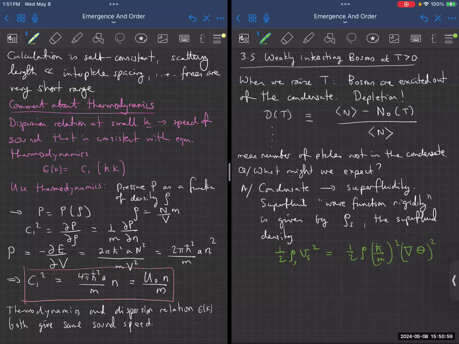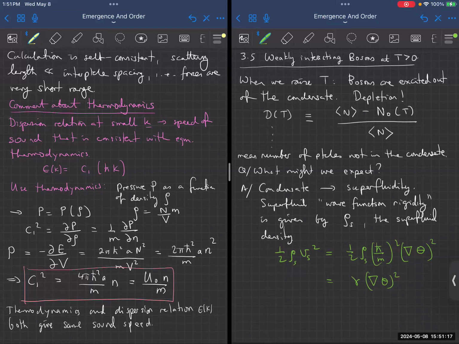So we saw that last time, and so this thing here is like the stiffness of the wave function.